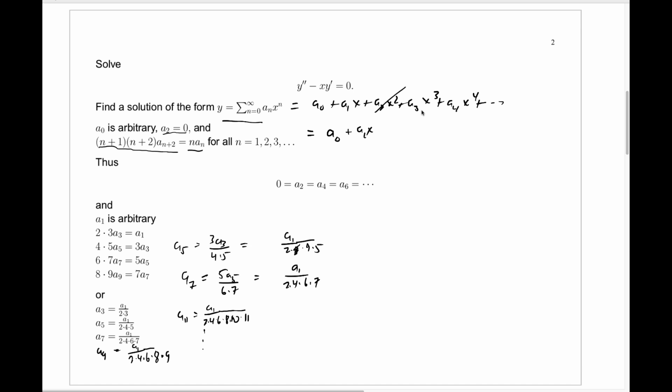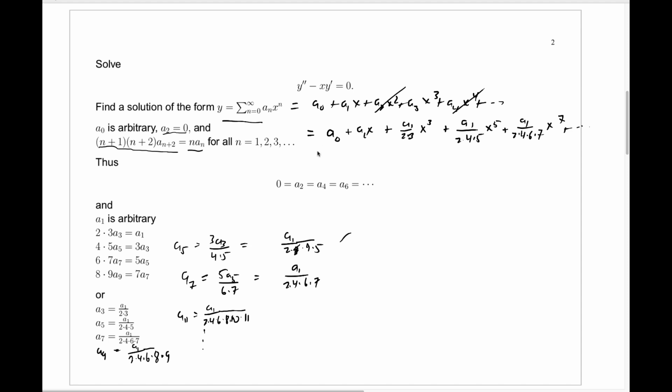I'll just cross those out. a3 will be a1 over 2 times 3 times x cubed now. a4 is 0. The next term is a5, which, remember from right here, is a1 over 2 times 4 times 5, x to the fifth. x to the sixth will be 0.